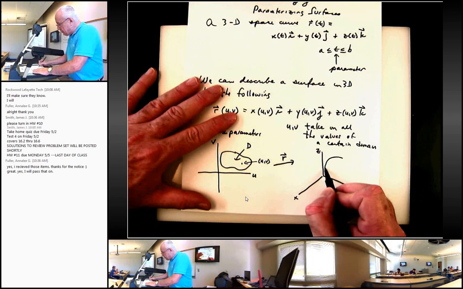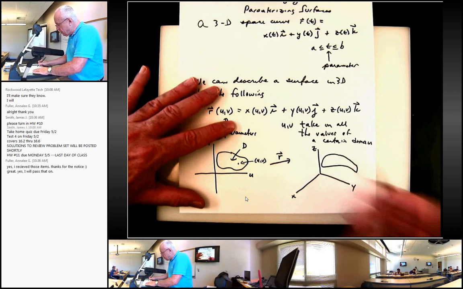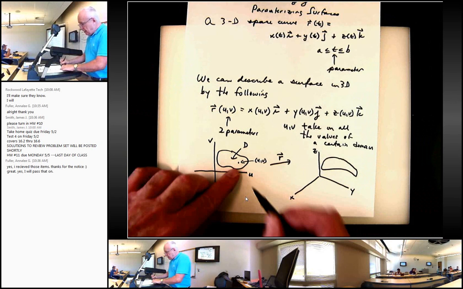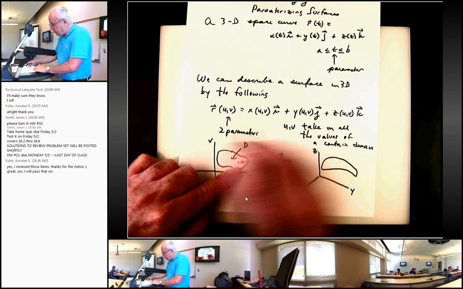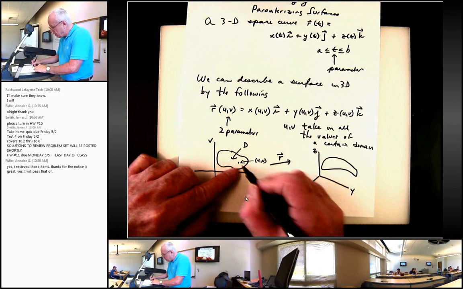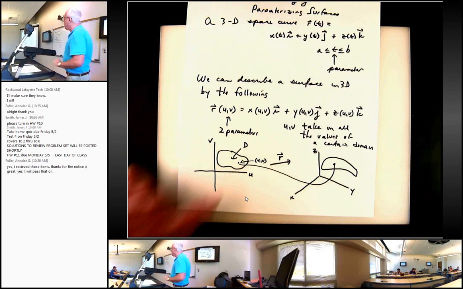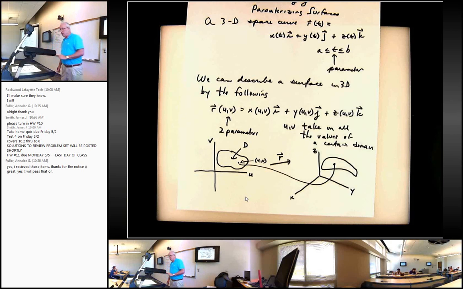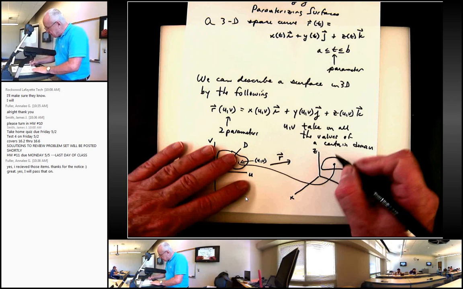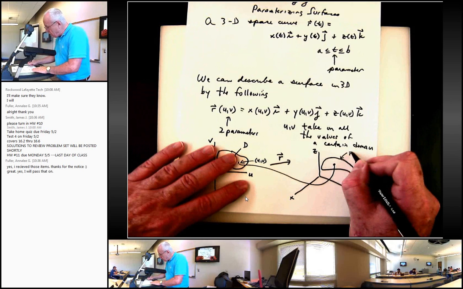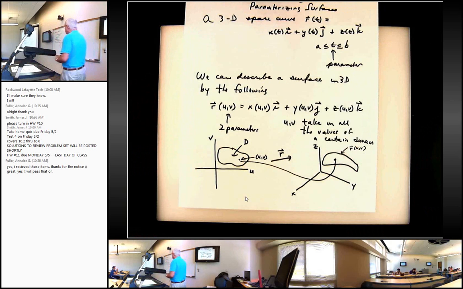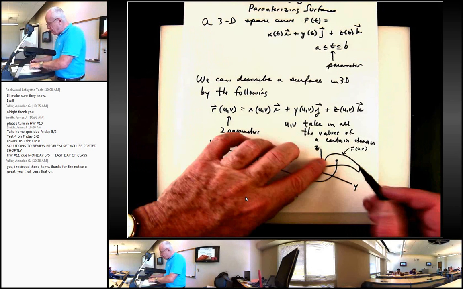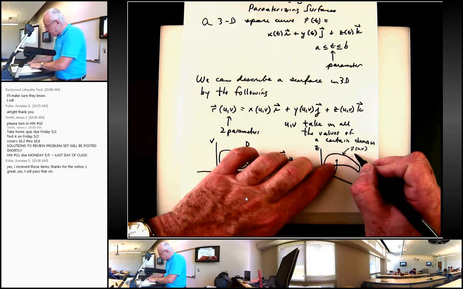It's some kind of surface that's floating around here in 3 dimensions. Every single point here, by use of this vector function, gets mapped into a point on our surface. So this point here would be our vector function R applied to u and v. The components of our surface, though, are going to have 3 components.